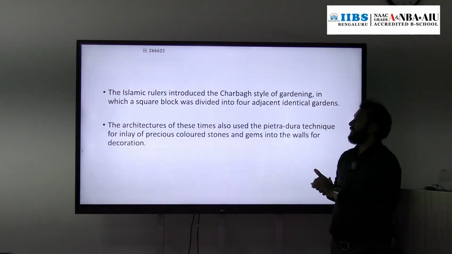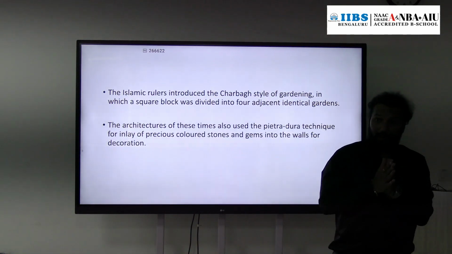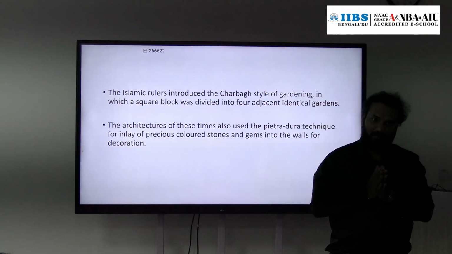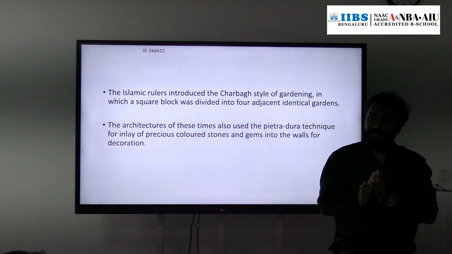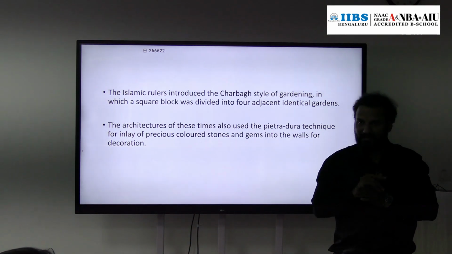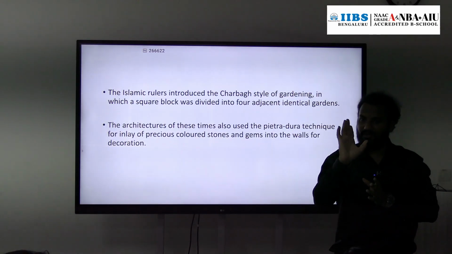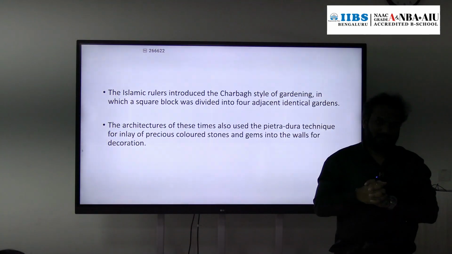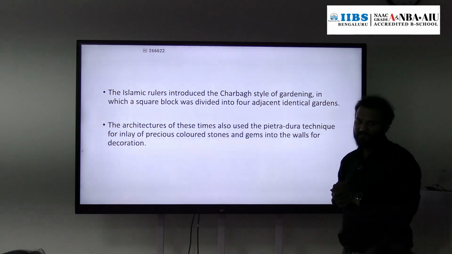Apart from that, Babur, the founder of the Mughal dynasty, introduced two things in India. One is gunpowder, because of which he won the first battle of Panipat. Second is the charbagh style of gardening.